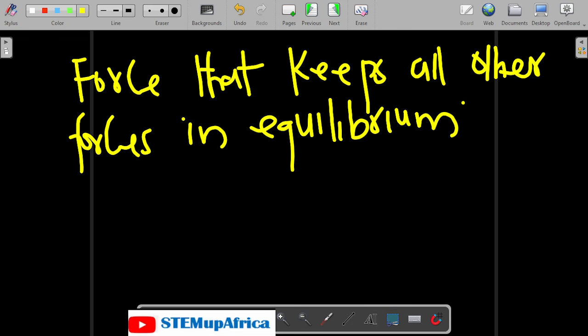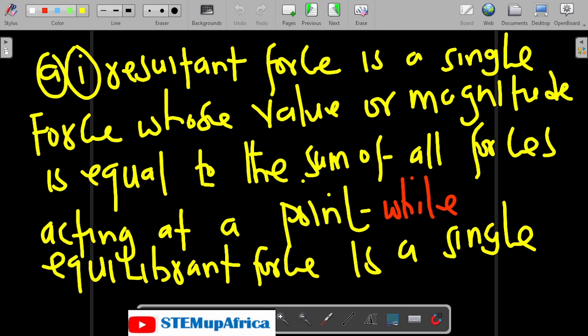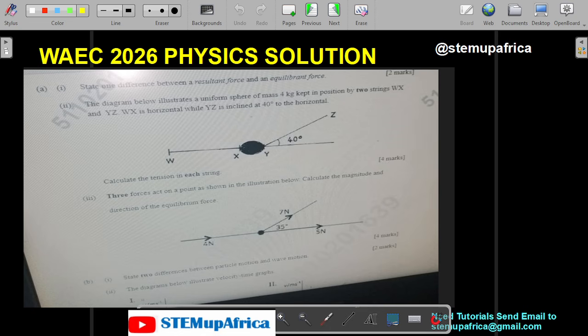So that is the differentiation between equilibrium force and resultant force. So let's look at question A, 2.